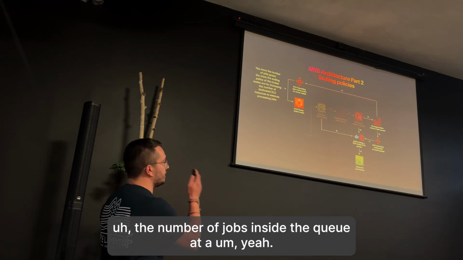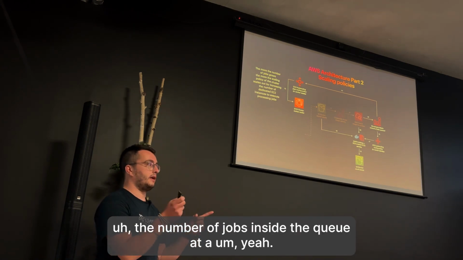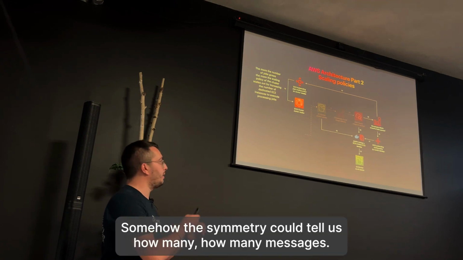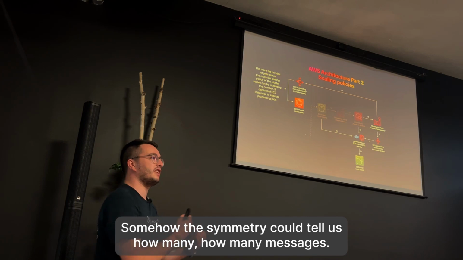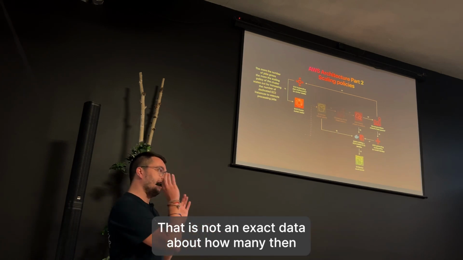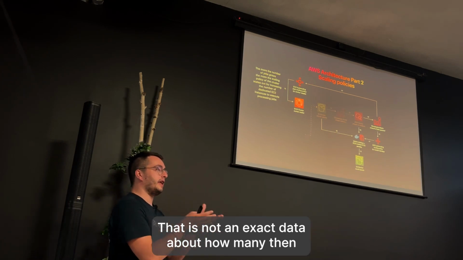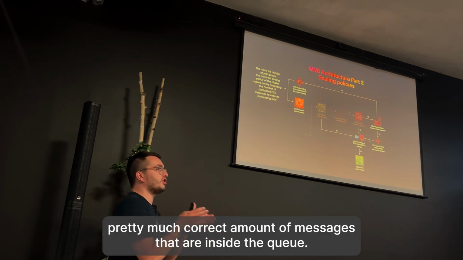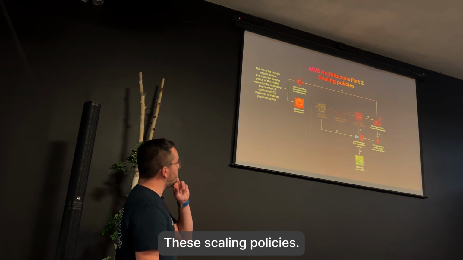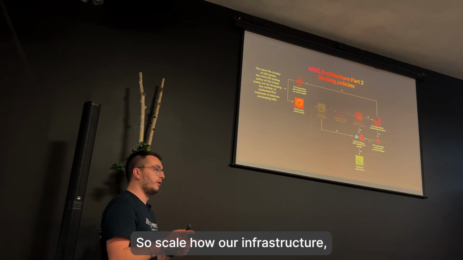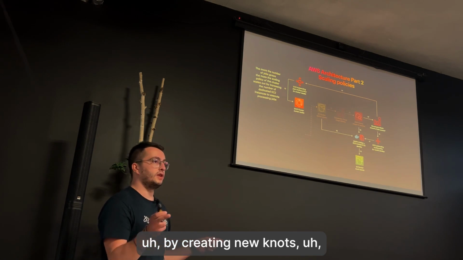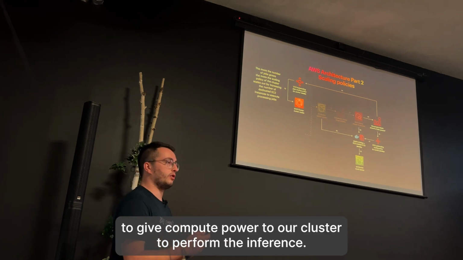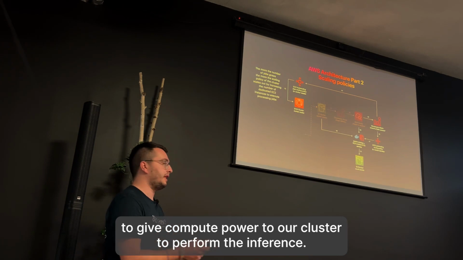The number of jobs inside the queue is given by a metric that tells us how many messages, not an exact figure, but a pretty much correct amount of messages that are inside the queue. These scaling policies scale out our infrastructure by creating new nodes to give compute power to our cluster to perform the inference.